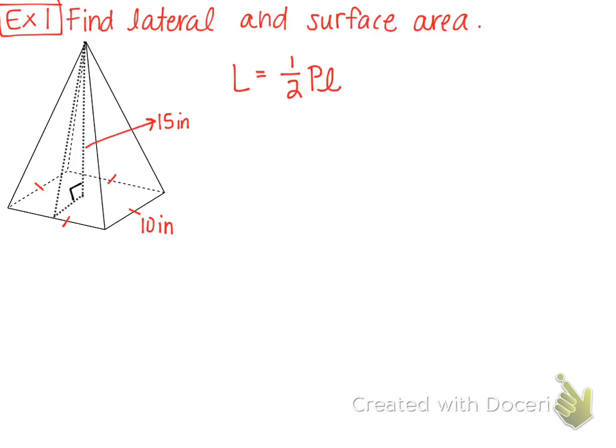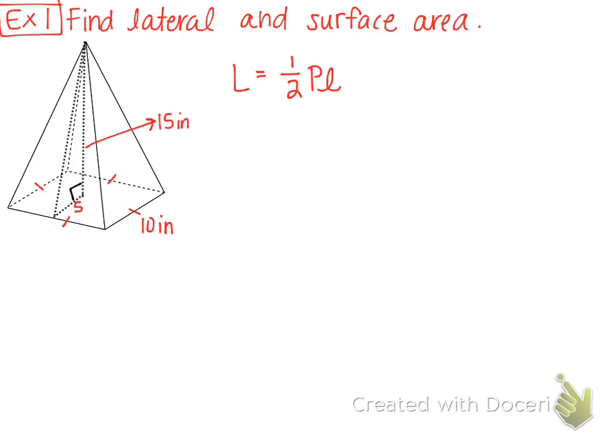The slant height, we need to figure out what this segment is right here. So we've got a right triangle inside of here. Now, since the bottom of this is a square or a regular polygon, and this side length right here is 10, this piece right here is half of the side length, so this is 5.